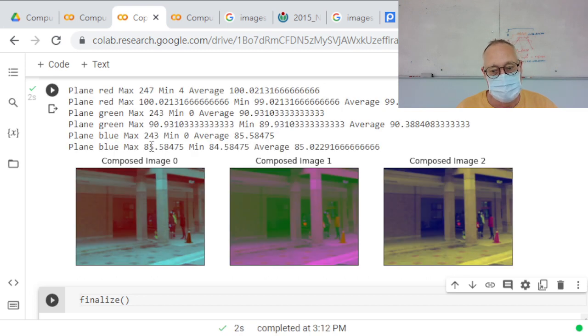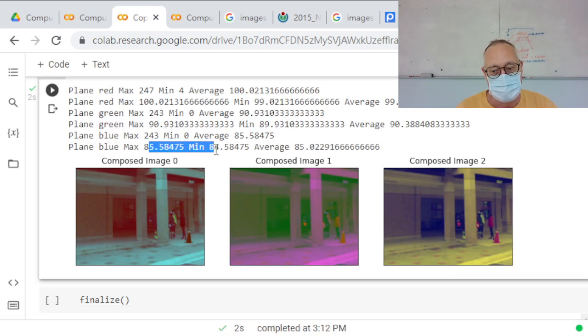So then you can see the average, after manipulation, the average color for blue is from 84.5 to 85.5, so only 1 unit. And similarly for the other channels.